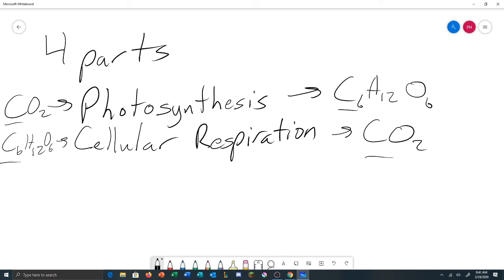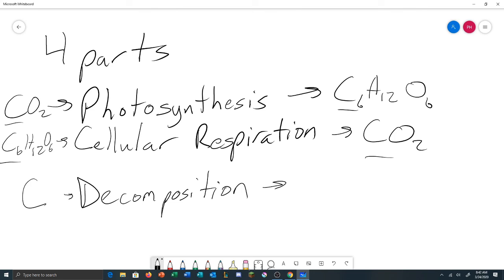Finally, we have our other 2, which is decomposition, which is taking living things, the carbon in living things, and returning it to the soil as carbon, as nutrients. So I'm just going carbon to carbon here because carbon's in our bodies. It's part of what makes us. It's part of our cells.